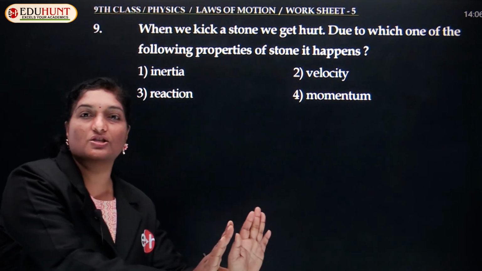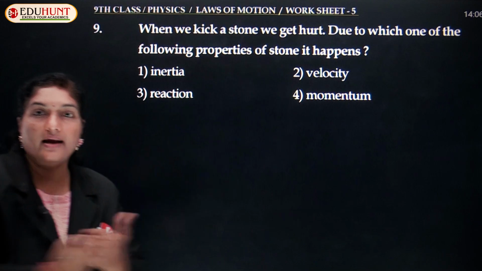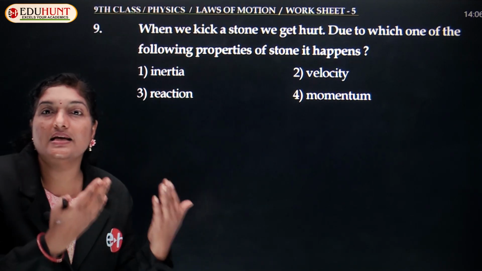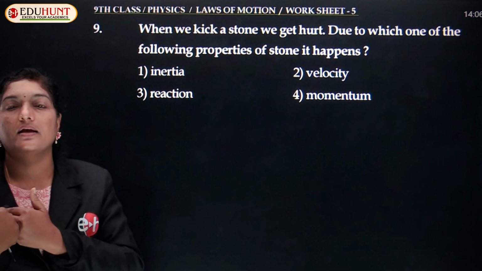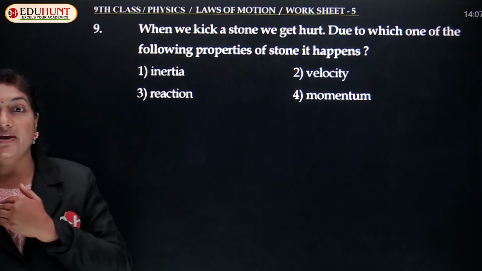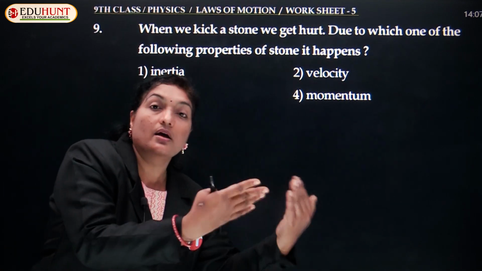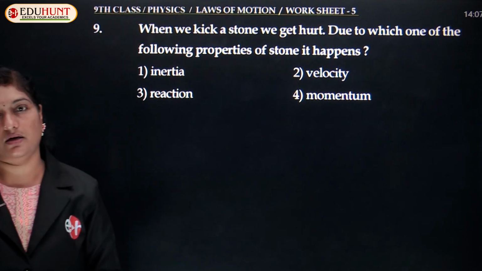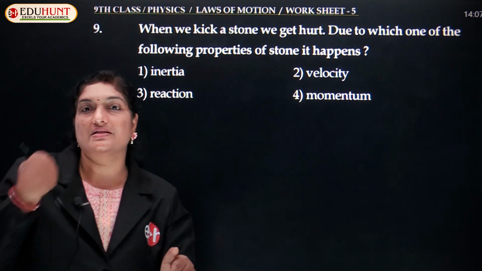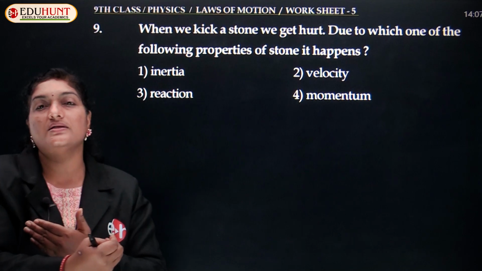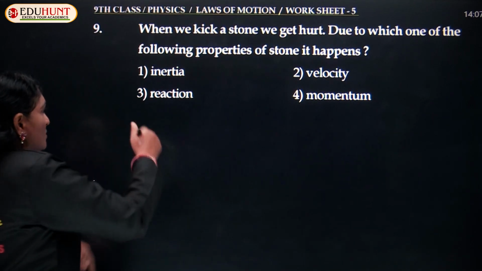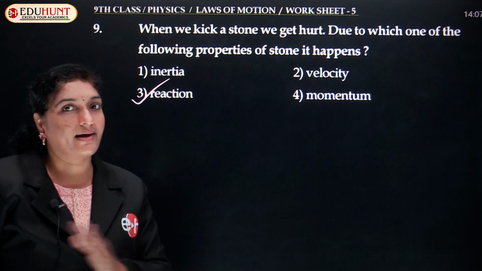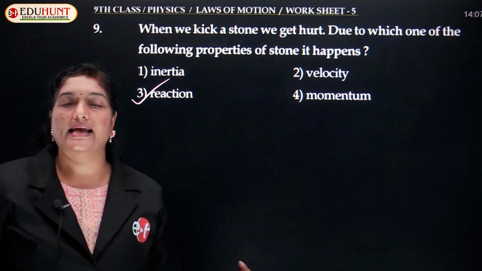So, we hit the stone as the action part and we get hurt because the stone exerts an equal amount of force in the opposite direction. That is, we exert force on the stone, the stone also exerts force on us. Because of that, we get hurt. So, that is a reaction force. Ours is the action force, the stone's is the reaction force. So, the correct option is reaction. The stone exerts a reaction. Hence, we get hurt.